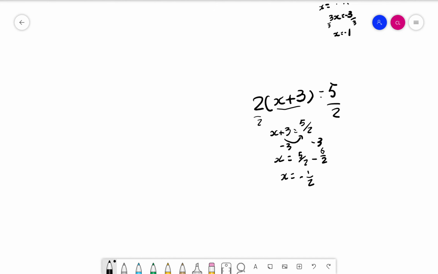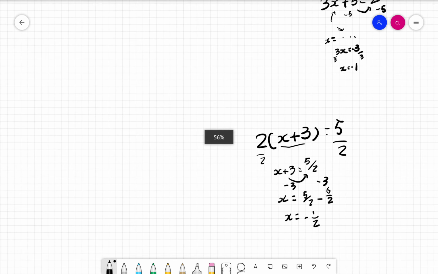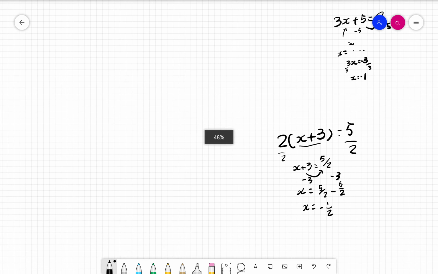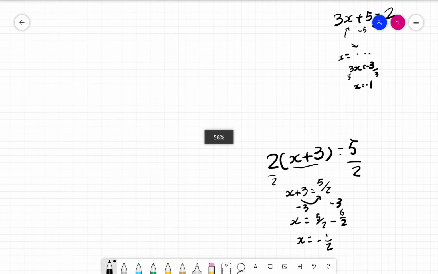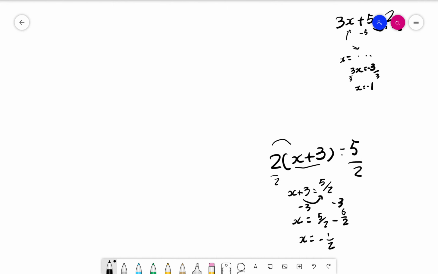But you might want to get into the habit of expanding things because that's gonna make your life easy later on. So to do that, you first go 2 times x, so you get 2x, and then you times 2 by 3, so 2 times 3 is 6. So expanded, it would be that.